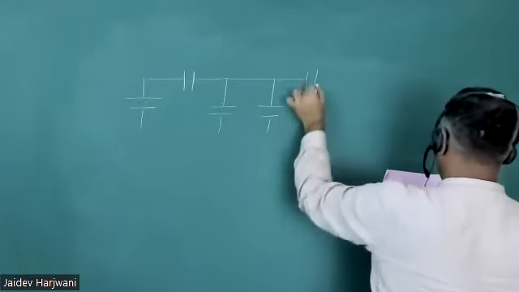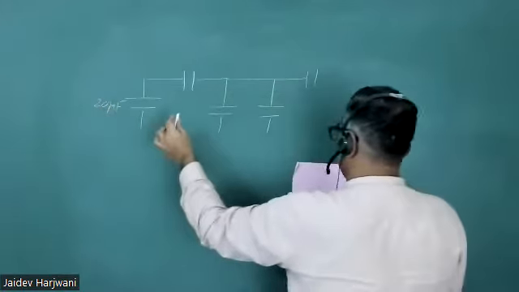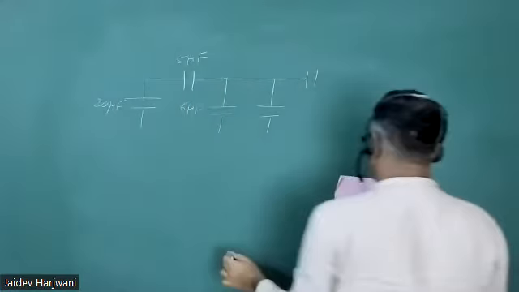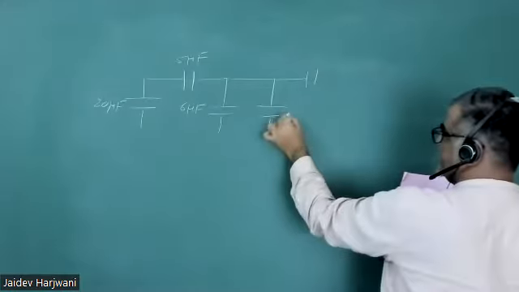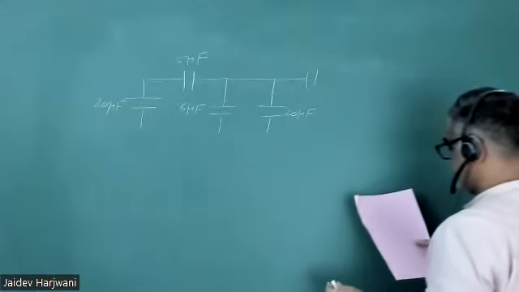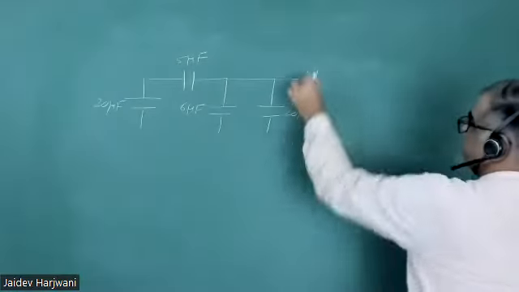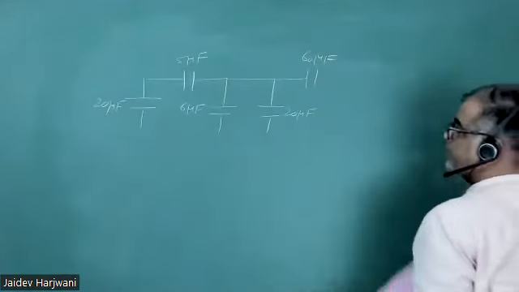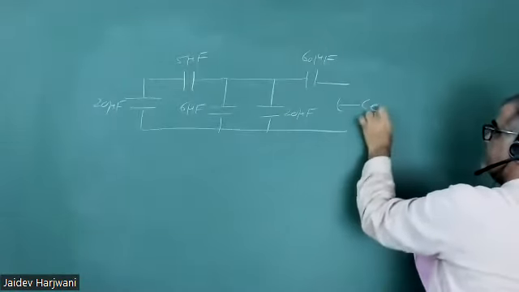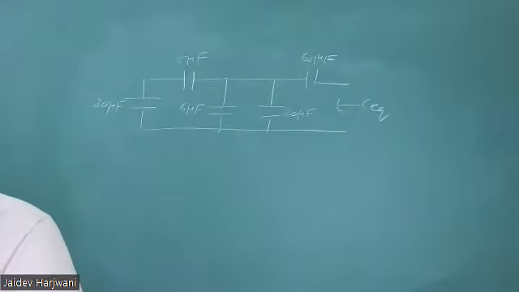Its value is 20 microfarad, 5 microfarad, 6 microfarad, then you have a 20 microfarad, and then you have 60 microfarad, and this is connected like this. So it asks what the C equivalent is. So how will we find it?